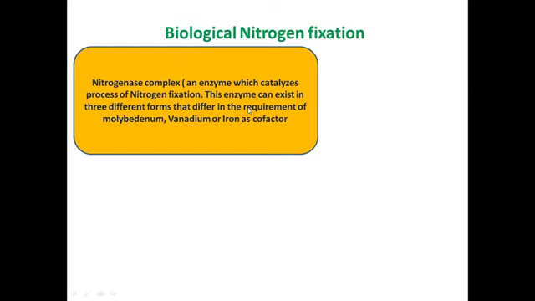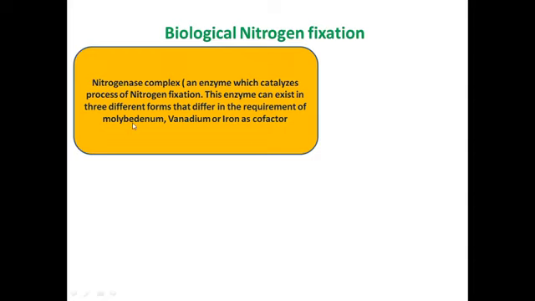Now this enzyme, the nitrogenase complex, can exist in three different forms, depending upon the cofactor required. You already have studied in your chapter on enzymes that every enzyme requires some metallic cofactor, and here this enzyme exists in three different forms depending upon the cofactor used.